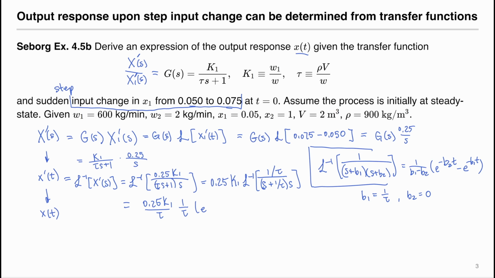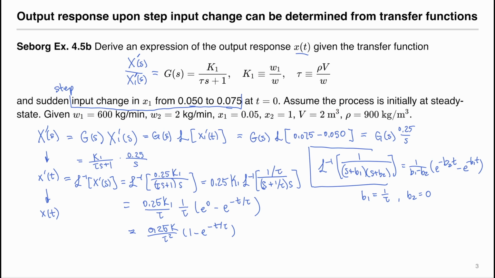Then e to the 0 minus e to the negative 1 over tau t, so t divided by tau. And finally, we simplify it: 0.025 k tau, 1 minus e to the negative t over tau.